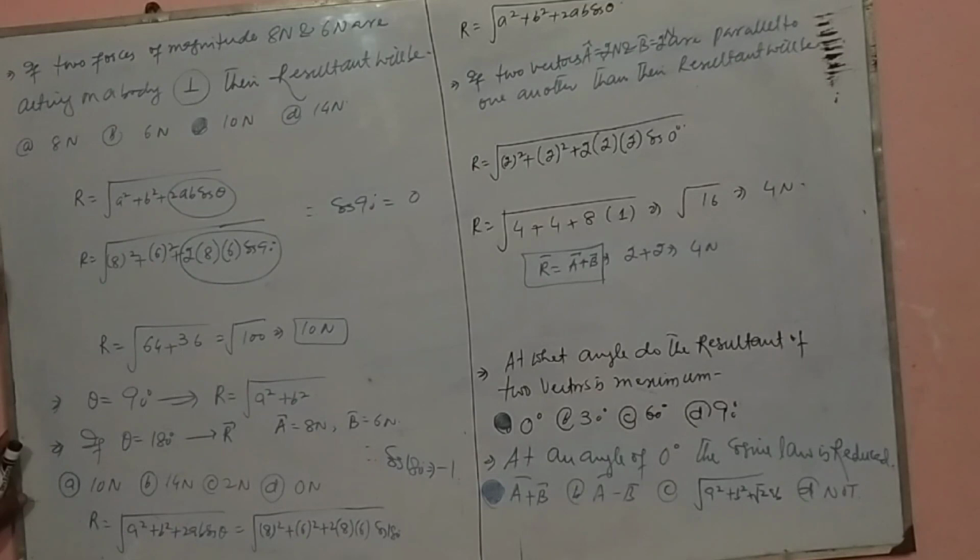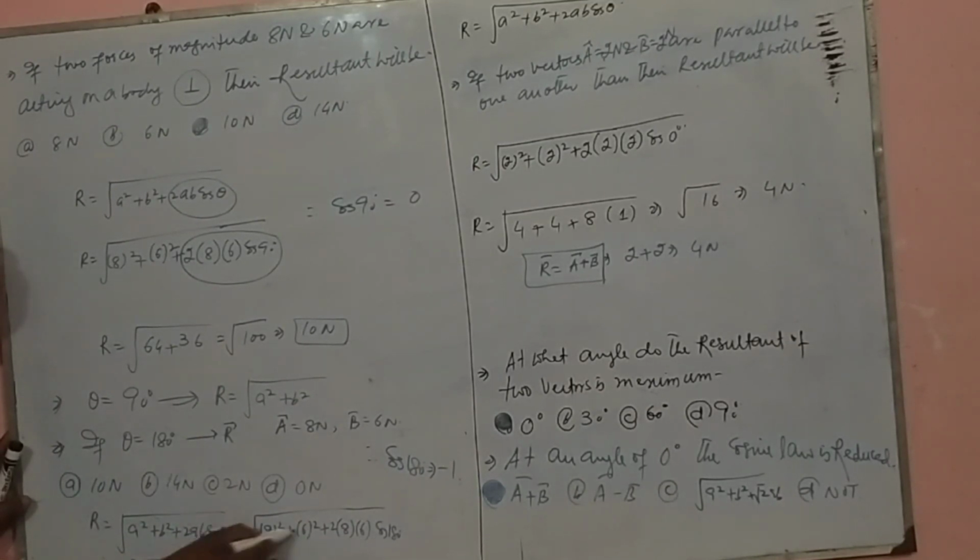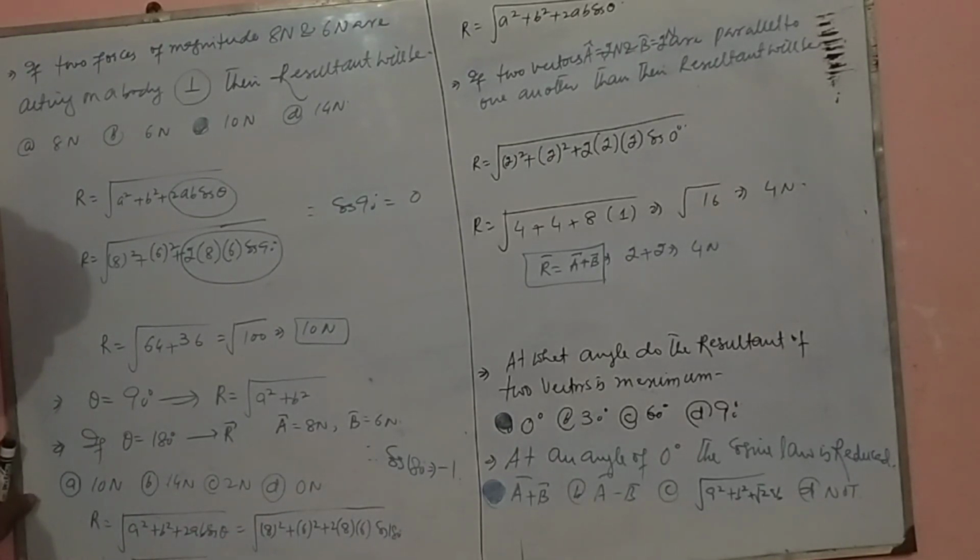So the resultant will be equal to 8 square, 64, 6 square, 36, plus 2 into 8 is 16, and this will be 96, and cos 180 will be -1. So -1 is multiplied by 96.